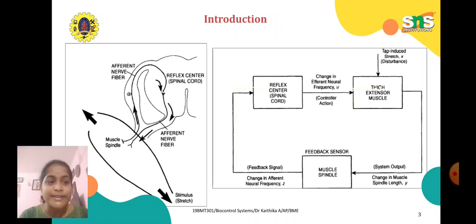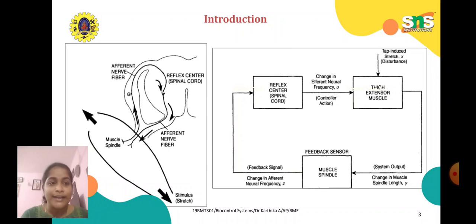The system output is a change in muscle spindle length, represented as Y, and which is connected with the muscle spindle. Here we have a feedback sensor, and this feedback signal is again fed back into the reflex center. The feedback signal consists of the change in afferent neural frequency Z.